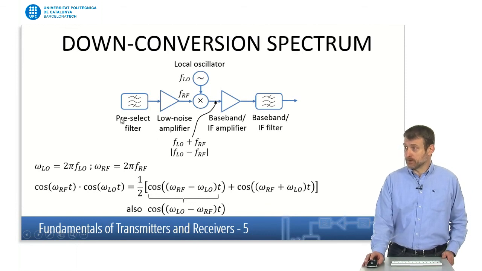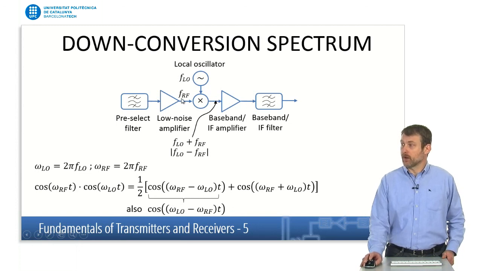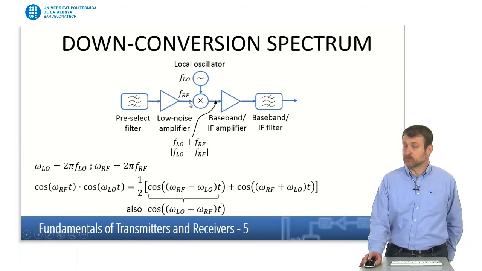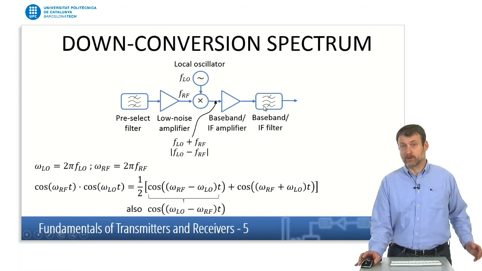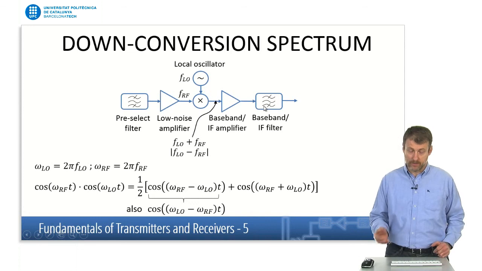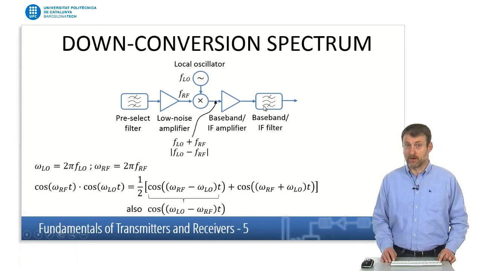So summarizing, in the receiver we also have maybe some filters and some amplifiers, but we will also have a local oscillator multiplying or beating with the incoming RF frequency, and this is what causes the frequency to be converted to a lower frequency regime, be it either baseband or an intermediate frequency.